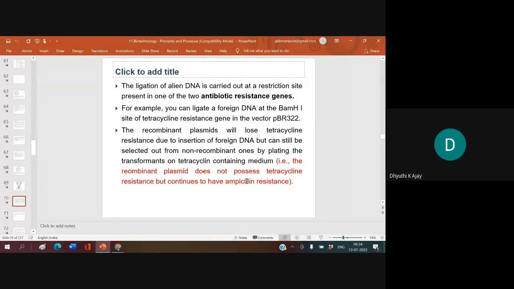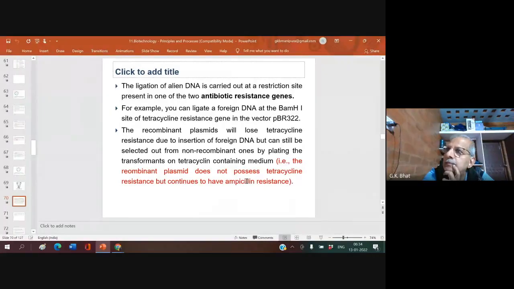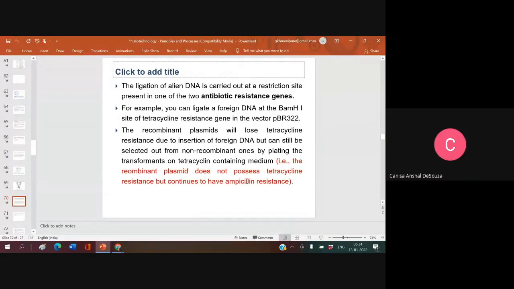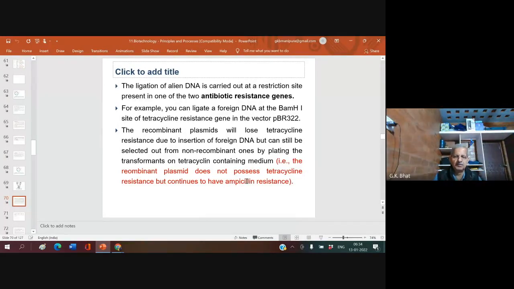No. Why? Recombinant DNA will not survive. My question is, where have you added this alien DNA? In which site? Now, this gene of interest is ligated to which place?